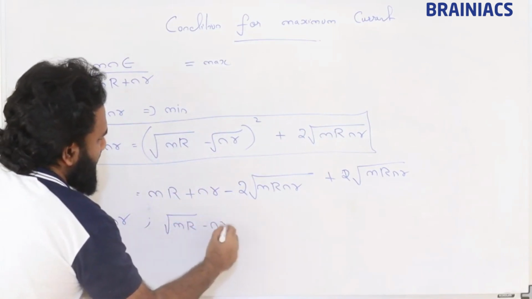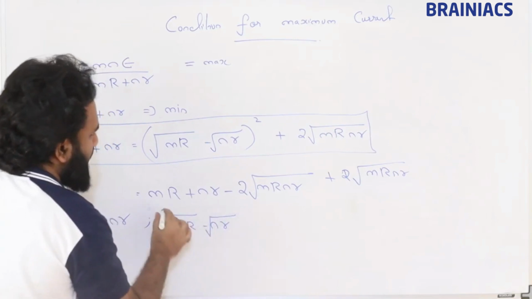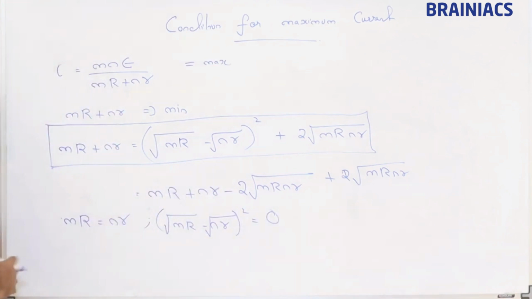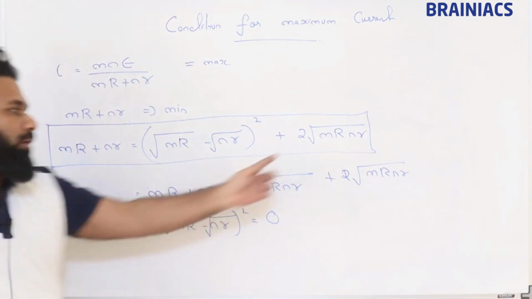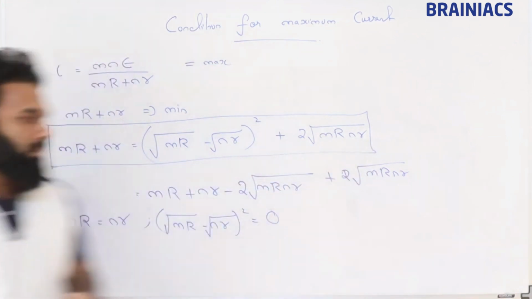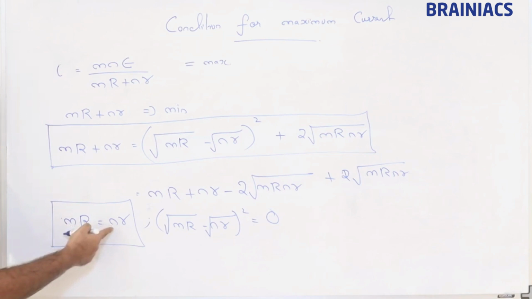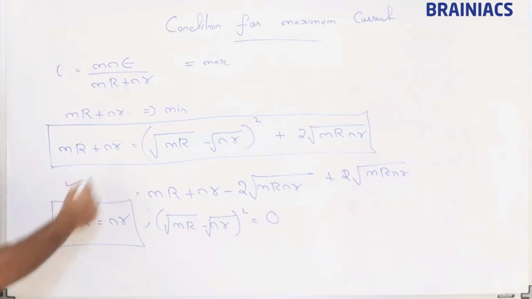So we will have only 2 root MR NR. So the condition for getting maximum current is nothing but the number of rows into external resistance is equal to number of series cells into its internal resistance. So this is the condition for maximum current.